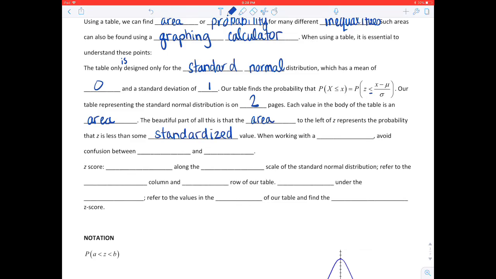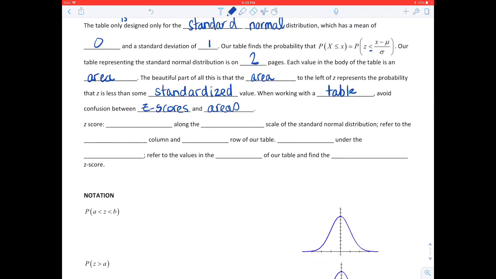When working with a table, avoid confusion between z-scores and areas, or z-scores and probabilities. The z-score is found along the horizontal scale of the standard normal distribution.